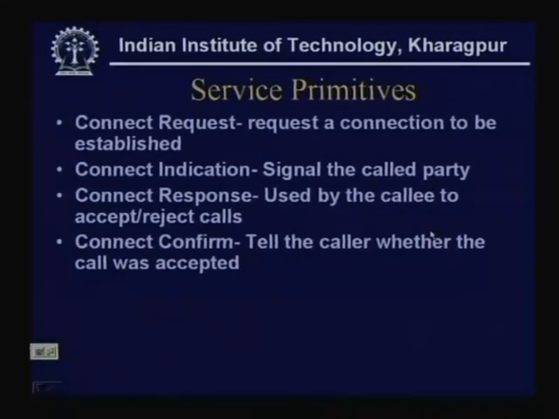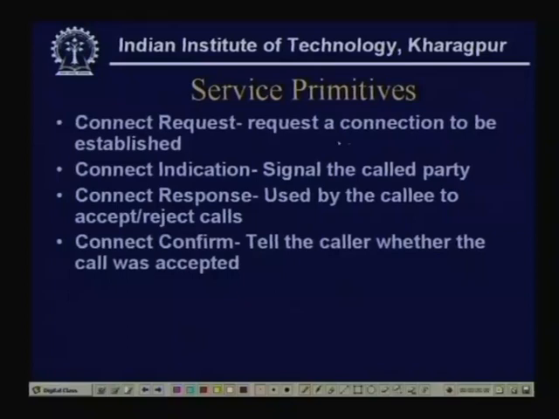Now, whenever a service is provided, particularly connection oriented, there are some service primitives. One service primitive is connection request. A request is made, and with the help of the connect request, one side of the system requests a connection to be established.